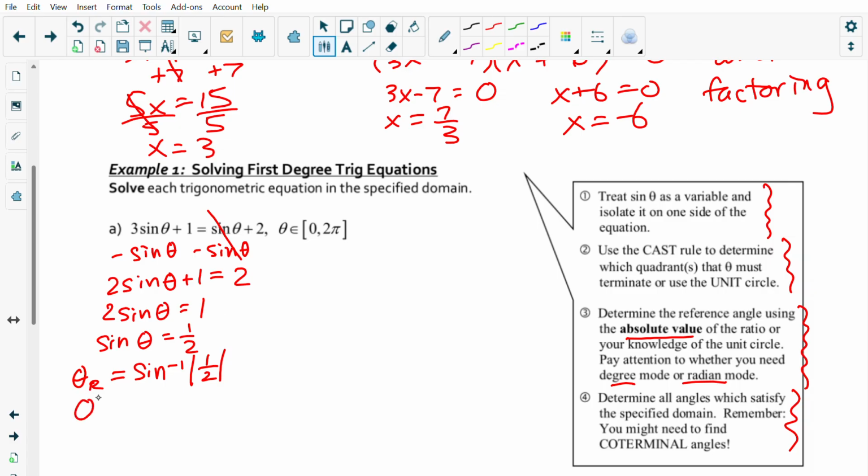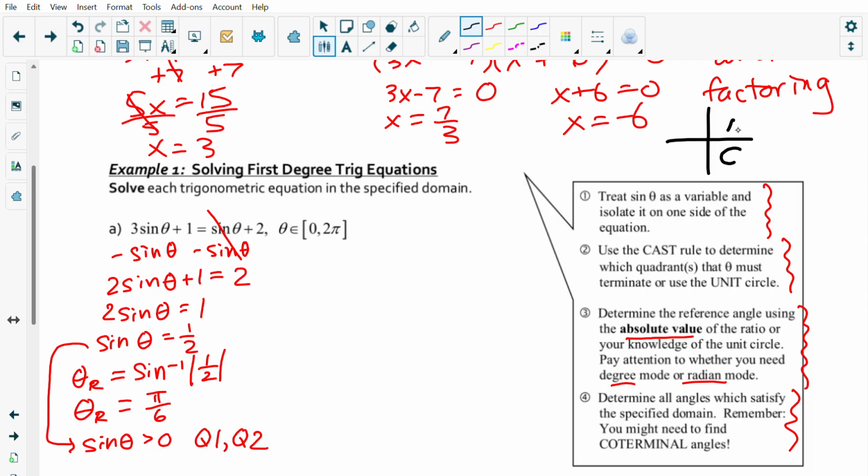Let me calculate my reference angle first. That is pi over 6. From this, I can gather that the sine ratio, sine of theta, is positive. So using the CAST rule, I know that's quadrant 1 and quadrant 2. Okay, so remember CAST rule, C-A-S-T, tells you which ratios are positive in which quadrant.